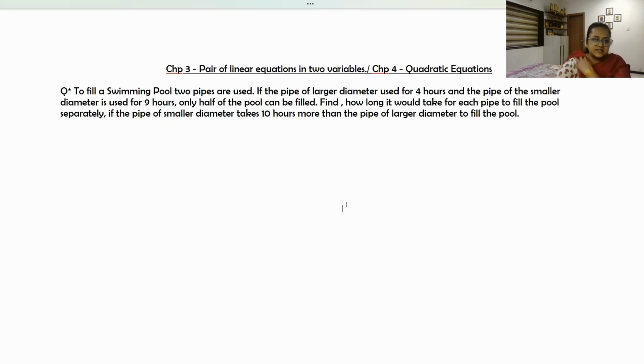Let's write and understand. We are talking about two pipes. So let's write here. We are talking about the pipe with smaller diameter, and we are talking about a pipe with the larger diameter.